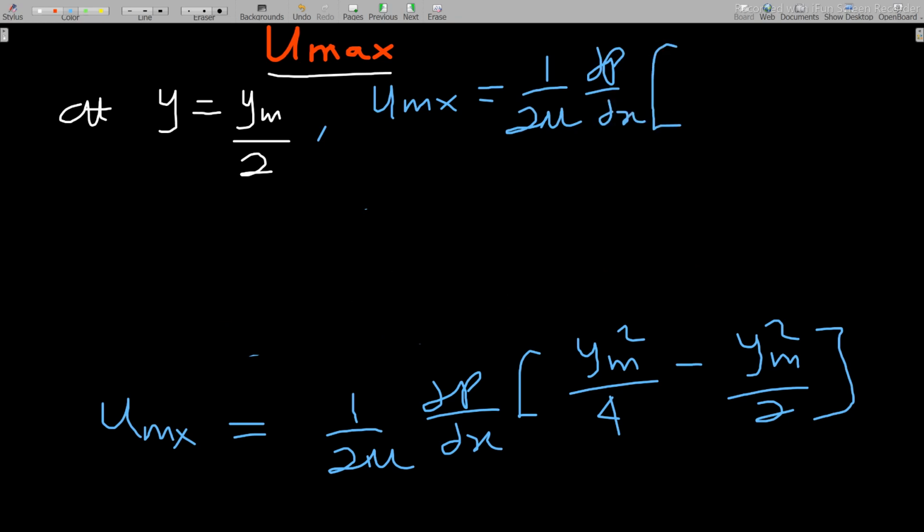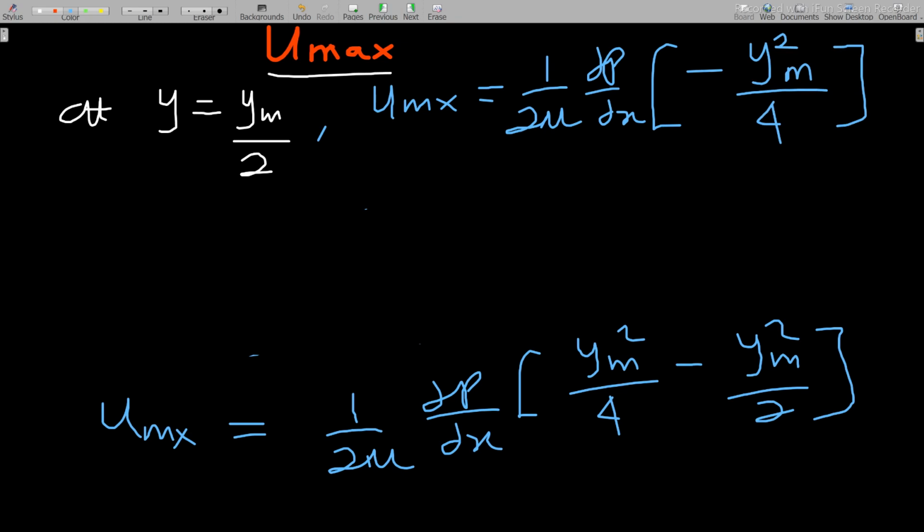Now if I solve the brackets, I have 1 over 4 minus 1 over 2, which is 0.25 minus 0.5, so negative 0.25, times ym squared. If you solve this fraction clearly, this is minus ym squared over 4.